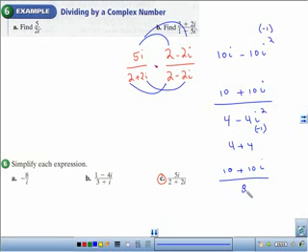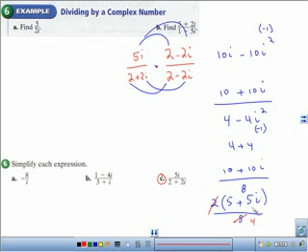Now here's where you have to be careful. On a test, you're not done here, because you have to recognize what we can factor out on top that will reduce with the bottom. We can factor out a 2, because then we'll get 5 plus 5i over 8. And the 2 and the 8 reduce. That's why you have to factor out the 2.